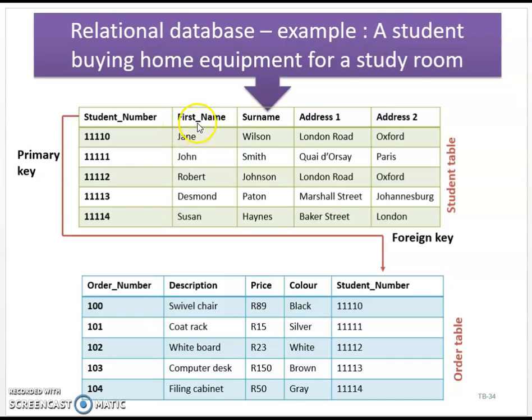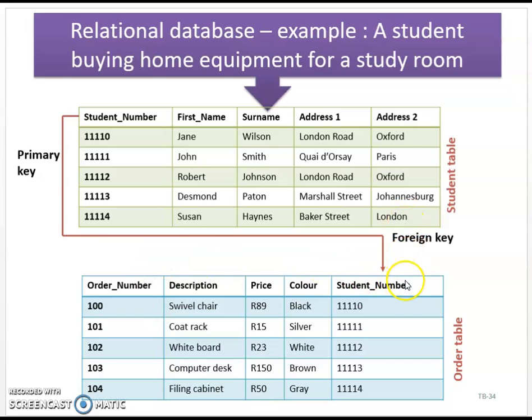These are some of the attributes that we will find in the student table or in the student class, and they are not primary keys. We move to the order table. The order number is also used as a unique identifier for each equipment that a student wants to buy. We link these two tables with the student number. The student number is a primary key in the foreign table.